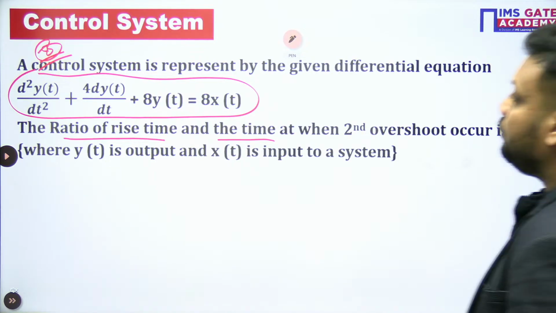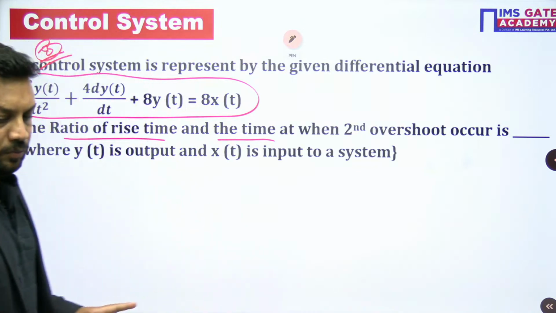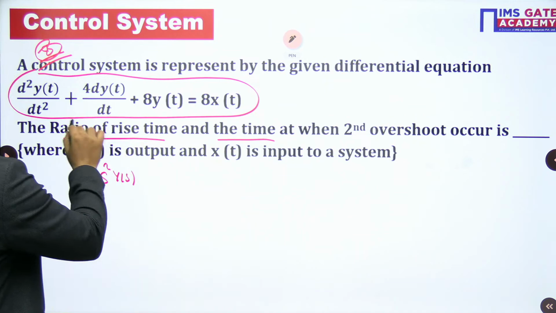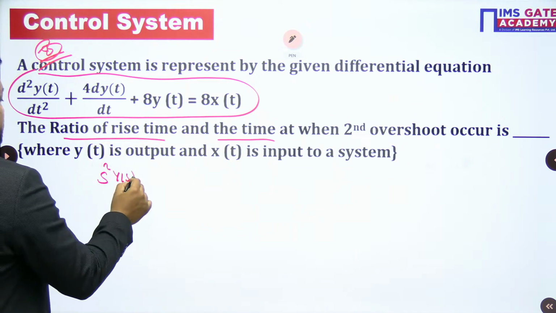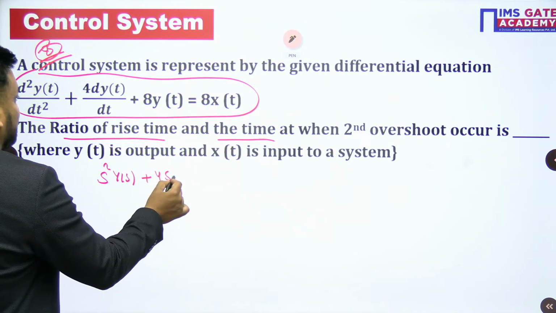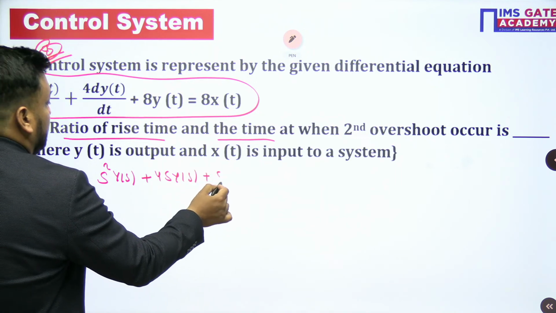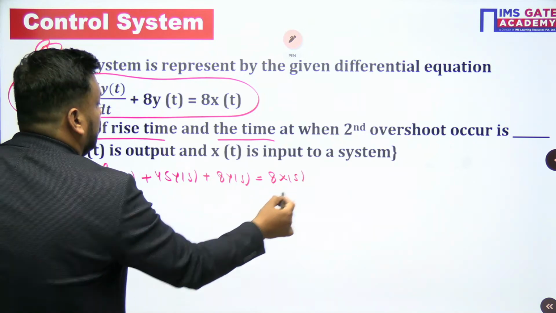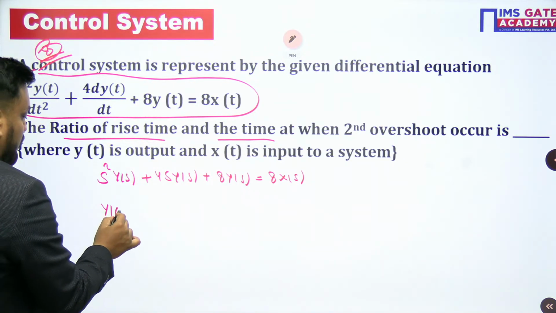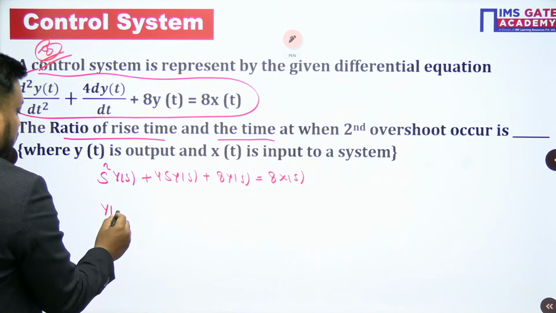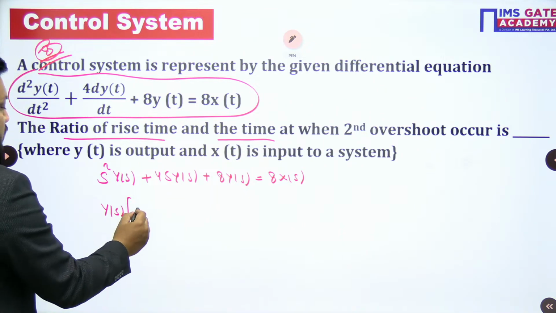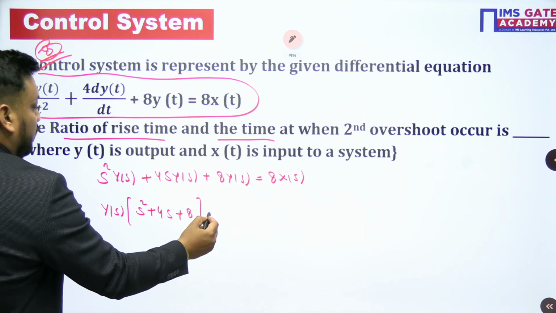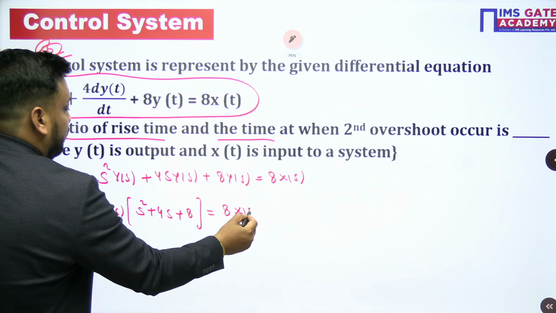Yes. So when you take the Laplace transform both sides, guys, what will you get here? You will get s square, because for a transfer function the initial values are 0. So s²Y(s) plus 4sY(s) plus 8Y(s) is equal to 8X(s). When I take Y(s) common, inside the bracket you will get s² plus 4s plus 8, and it is nothing but 8 into X(s).